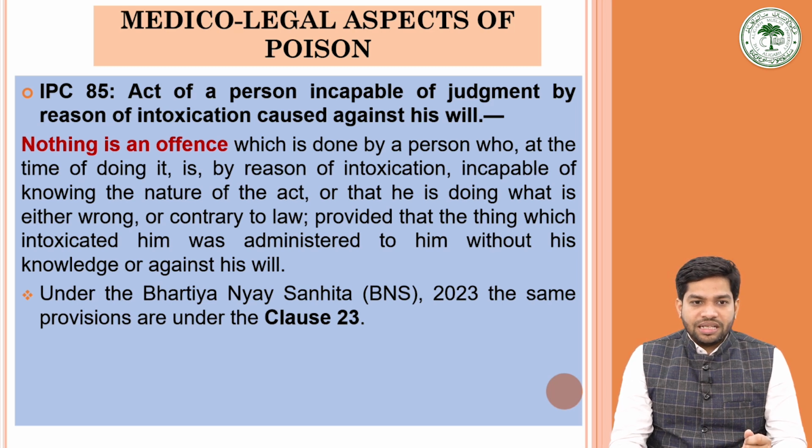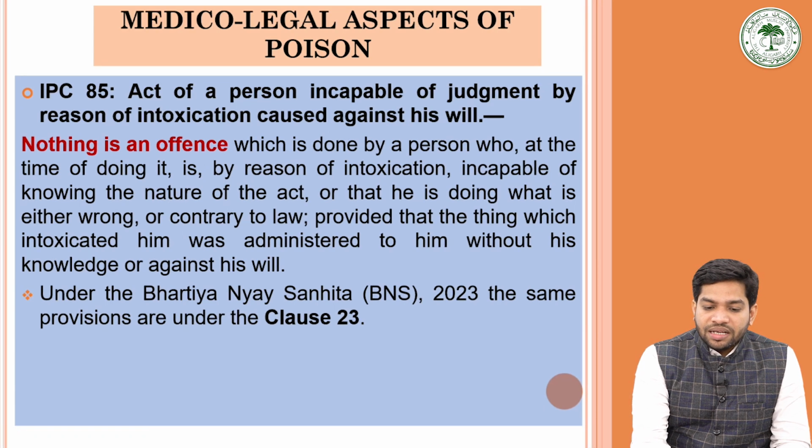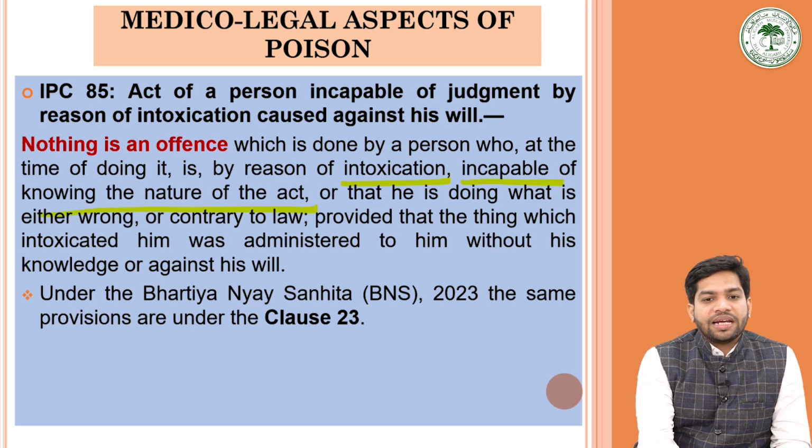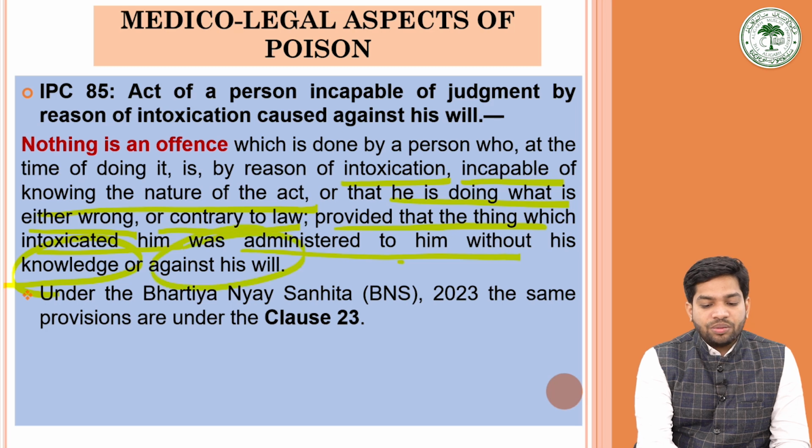It says that nothing is an offense which is done by a person who, at the time of committing the offense, was under the influence of intoxication, was incapable of knowing the nature of the act, or that what he was doing is either wrong or contrary to the law, provided that the thing which intoxicated him was administered to him without his knowledge and against his will.